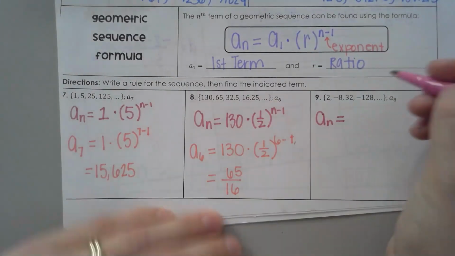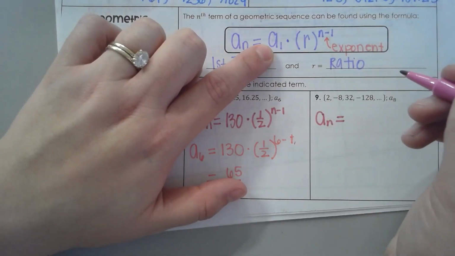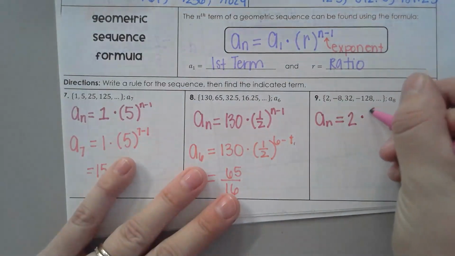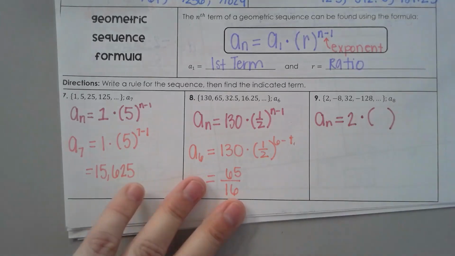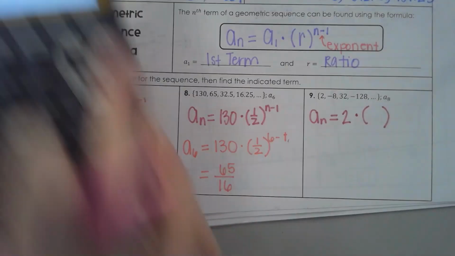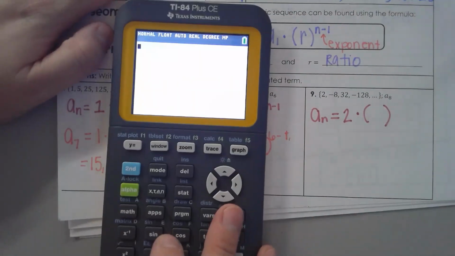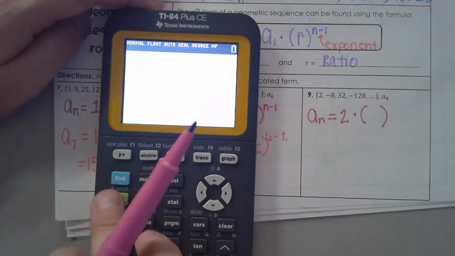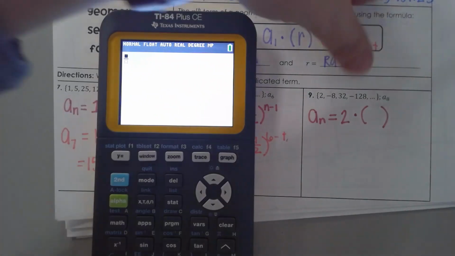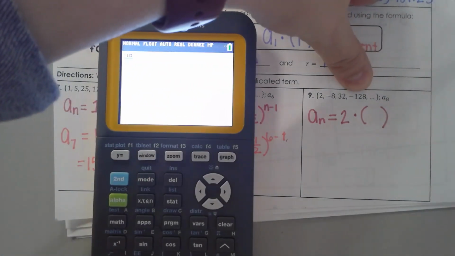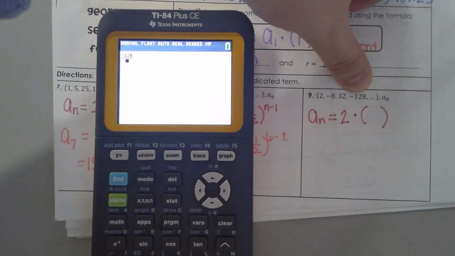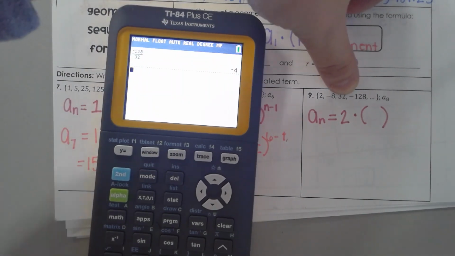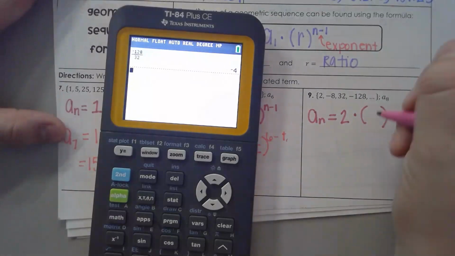So we start with our A1, which is 2, times my R. And yep, some of you said it is -4, but in case you didn't know that, if I get a fraction and type in any of these terms over the term before it, which is 32, I get -4.